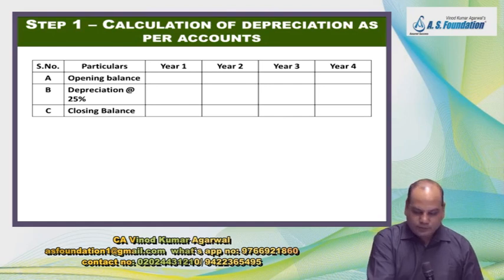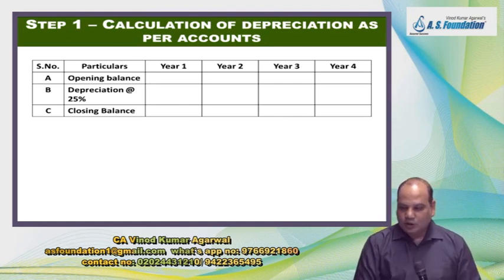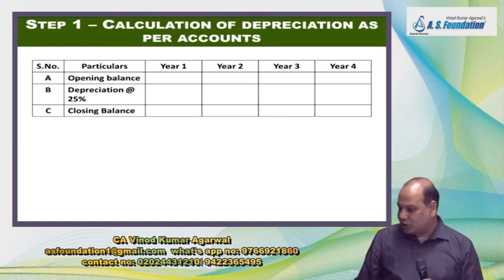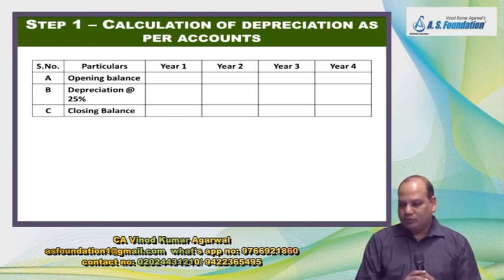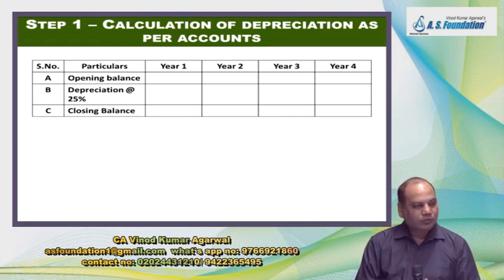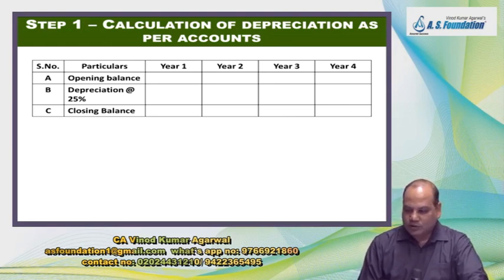Start solving. First, quickly prepare depreciation as per accounts. Step 1, write depreciation as per accounts. You have to compute year by year because SOPL you have to prepare for 4 years. So I will give you the format on the screen: serial number, particular, year 1, 2, 3, 4.